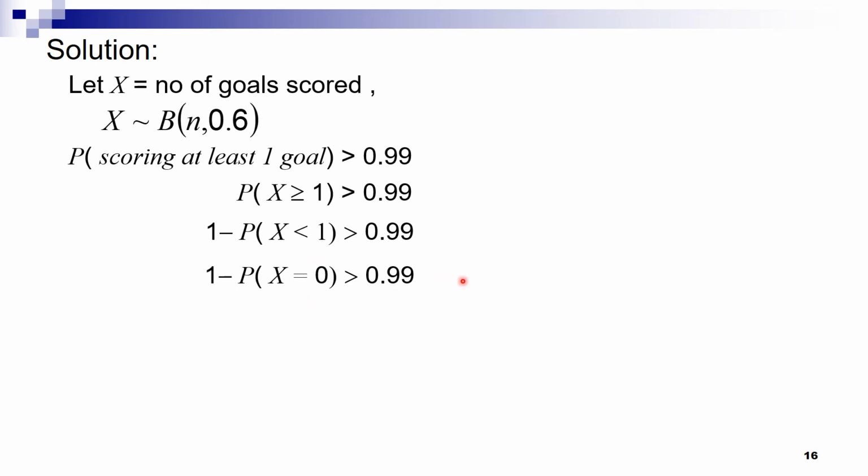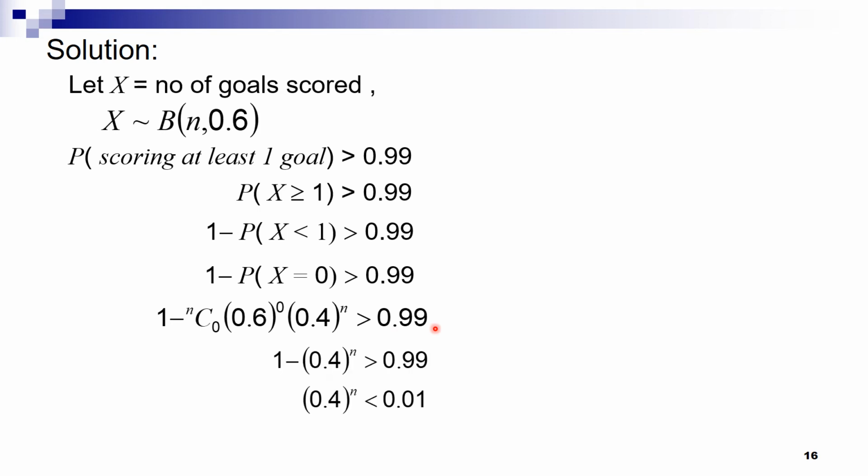So you substitute to find your P(X = 0). So you have 1 minus nC0, 0.6 to the power of 0 times 0.4 to the power of n, which is greater than 0.99. You simplify. We have 1 minus 0.4 to the power of n must be greater than 0.99.